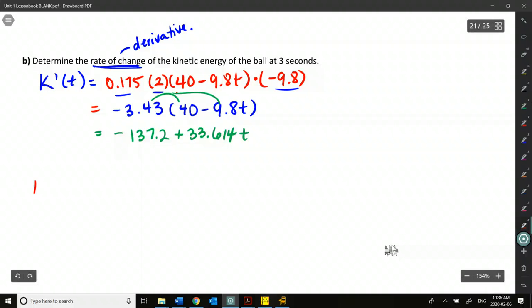We are asked for the rate of change of kinetic energy at 3 seconds, so then we're going to enter in 3 seconds for t.